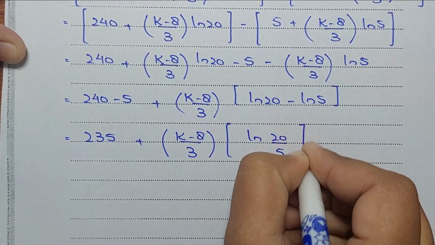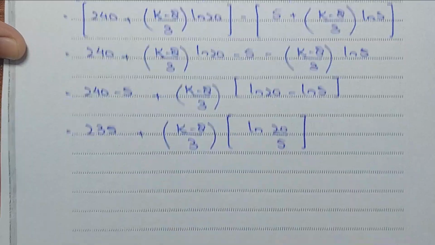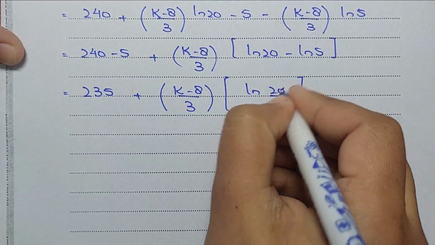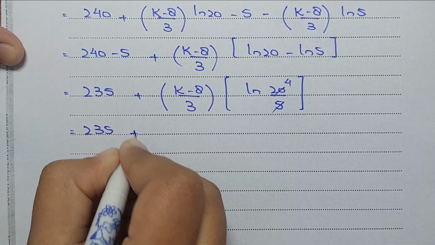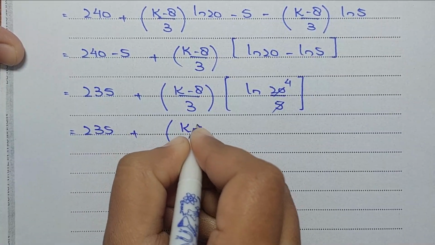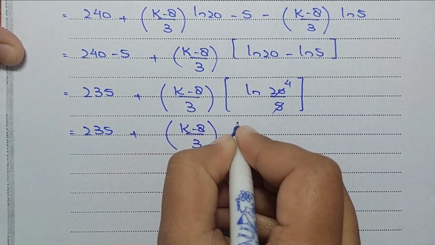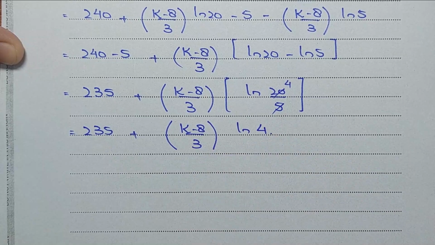When we have a subtraction of logs, the difference becomes a quotient, right? 5 times 4 is 20. So 235 plus k minus 8 over 3, natural log of 4.